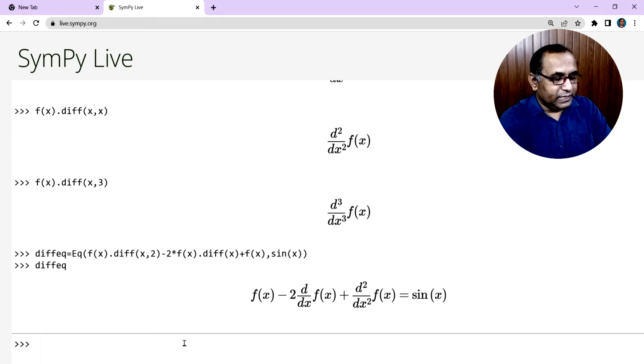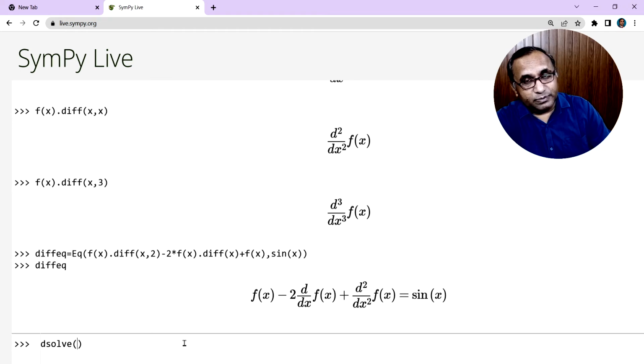Now to solve this differential equation, we have to use the dsolve function. So we are using here the dsolve function, and note the syntax which I am using: how we can define the symbolic variables, undefined functions, then how we can differentiate the undefined function with respect to x, the first order, second order, third order, then how we can insert the differential equation in the syntax of SymPy.